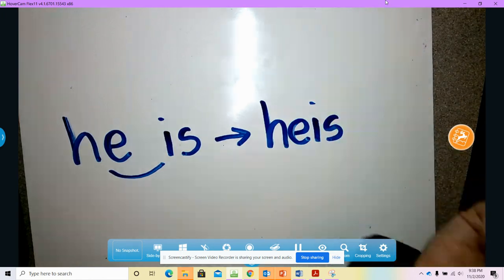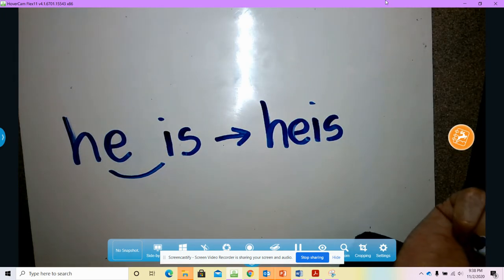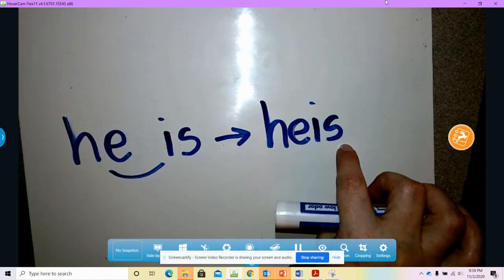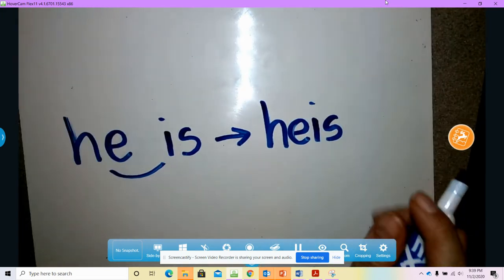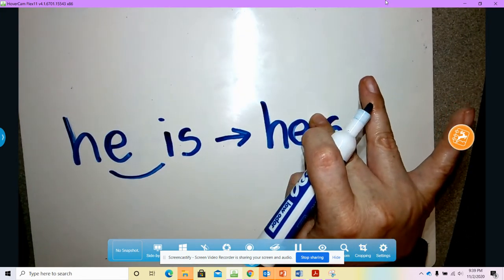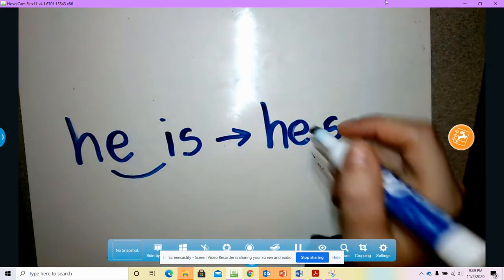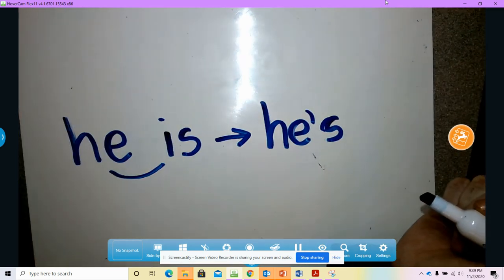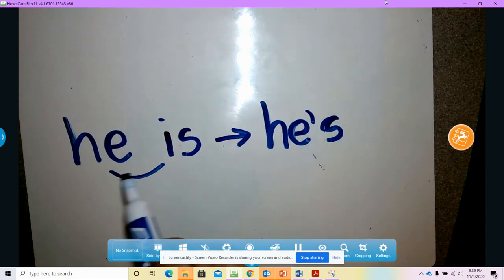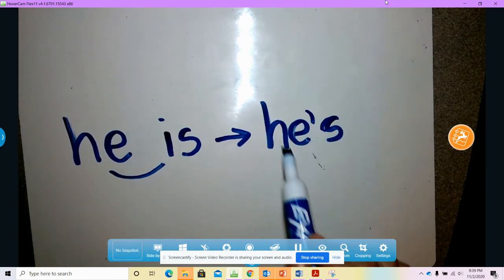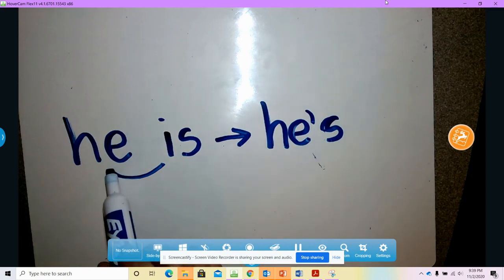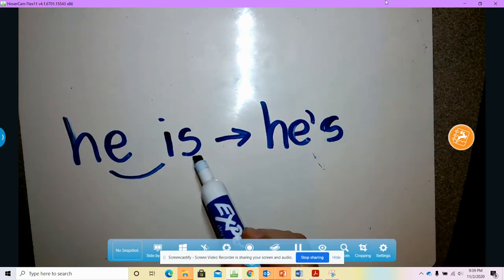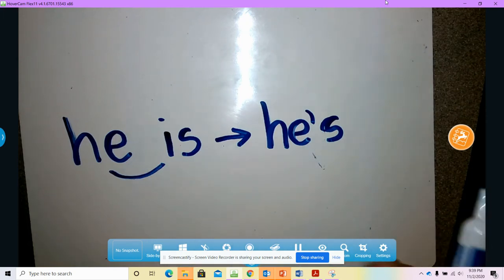But we can't put two words together like that because they're two separate words. So instead, we're going to turn it into a contraction. So we erase the I, and we put the apostrophe to let our readers know that we erased a letter. But it still means the same thing. So either way is right. This is just a shorter way to write it. So I could say, he is tall. Or I could say, he's tall.